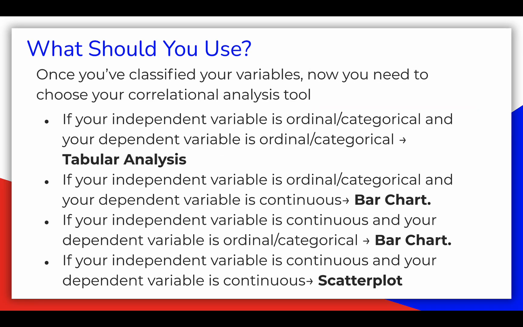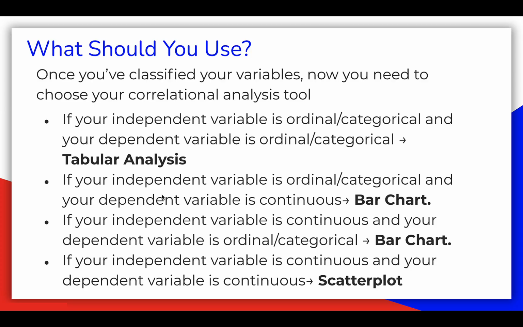Now, what should you use? Once you've classified your variables as nominal, ordinal, or continuous, you need to choose which correlational analysis tool you're going to use for your own analyses. If your independent variable is ordinal or categorical, and your dependent variable is ordinal or categorical, then you are going to want to use a tabular analysis.